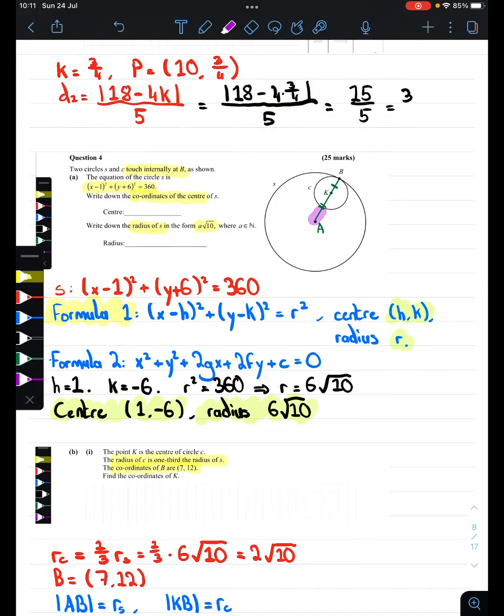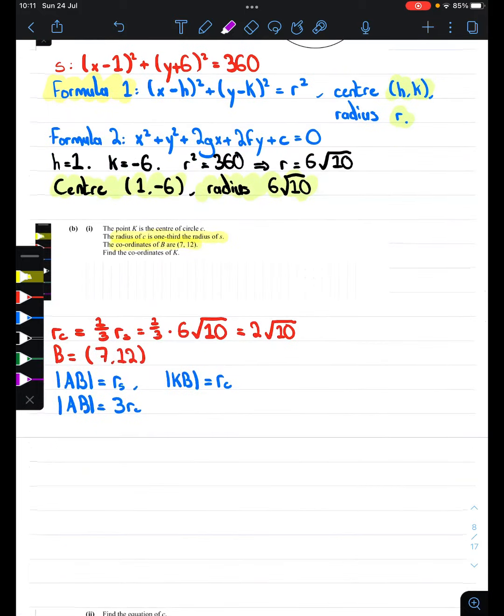This length here is AB, the whole length, minus KB. So AK equals AB minus KB, and this is just 3RC minus RC, which is just 2RC.